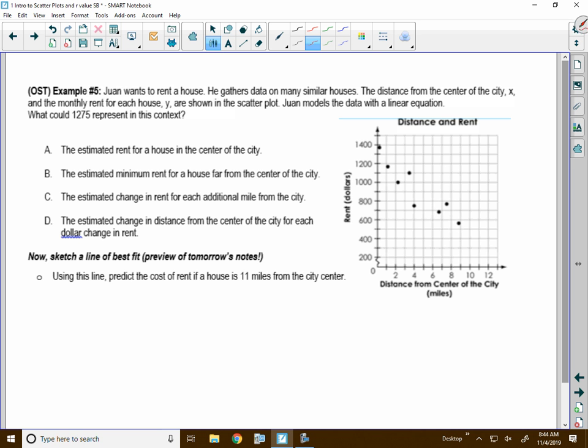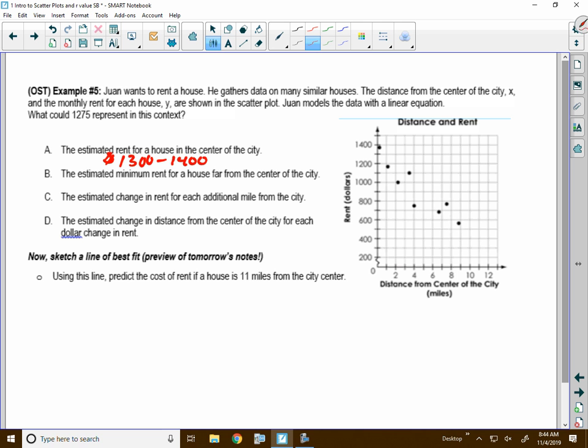If you want the center of the city, you want to get close to 0, right? So up here, it looks like it would be around $1,400, right? If you went a little under that, that's fine, because we're doing a line of fit there. So I would say anywhere from about $1,300 to $1,400 would be a good rent.